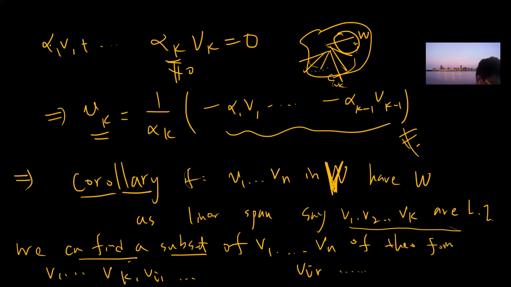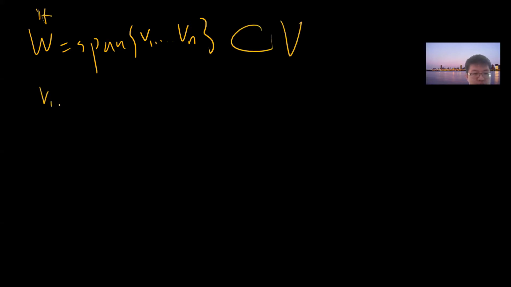What I'm saying is that W is the span of v1 up to vn, a subset of V, and the first k are linearly independent in V. The theorem tells you that you can find the rest.